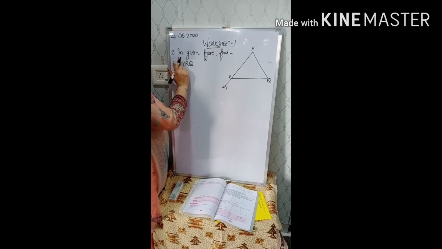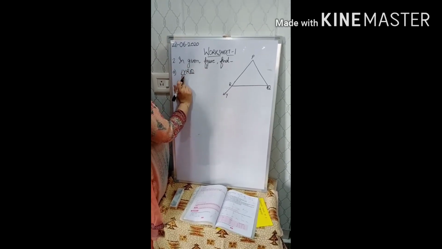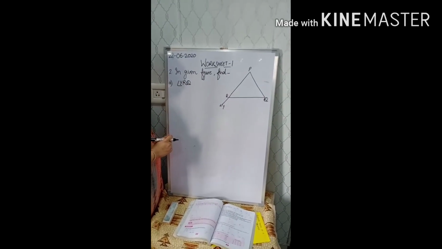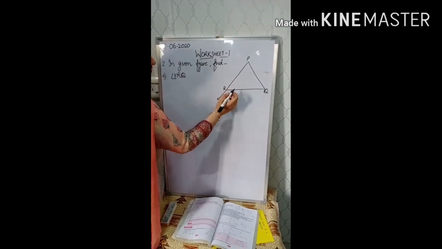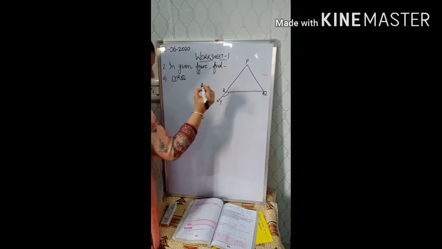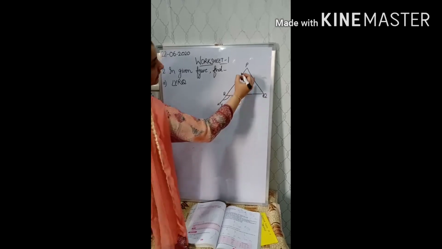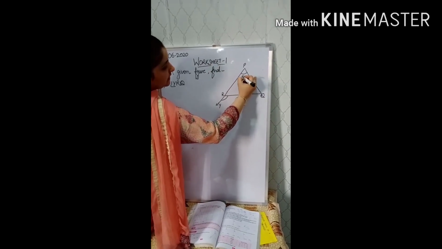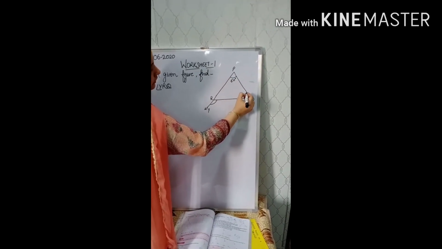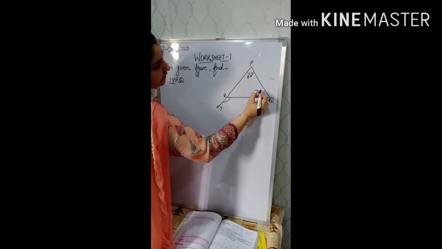Now, in your question 2, in the given figure, find YRQ. Which angle is YRQ? YRQ is an exterior angle. And the interior angles they have given you are angle P is 60 degrees and angle Q is 70 degrees.